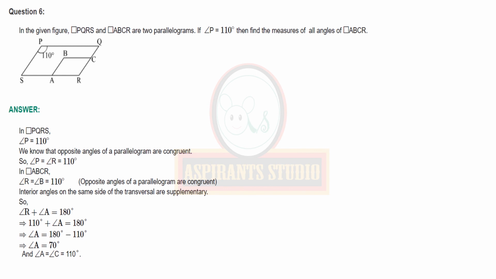Now we got 180 minus 110 on the right hand side, so it becomes 70 degrees. So measure of angle A is equal to 70 degrees. You have to find measures of all angles of the parallelogram ABCR.